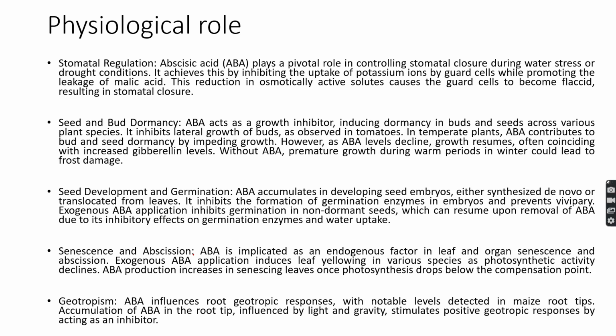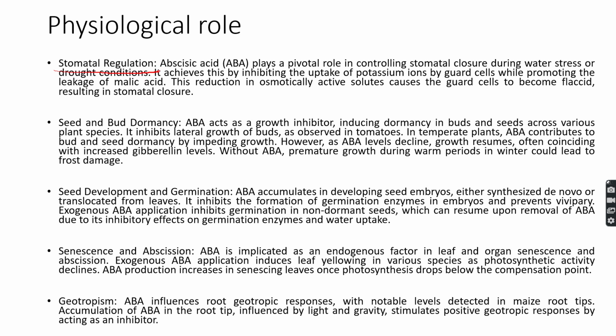Now let's understand the physiological roles of abscisic acid. The first and foremost role of ABA is stomatal regulation. In further classes, we will understand stomatal closing and opening, and the detailed signaling mechanism of ABA for stomatal regulation.